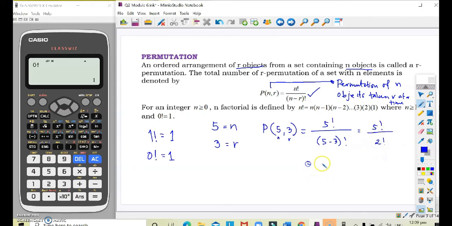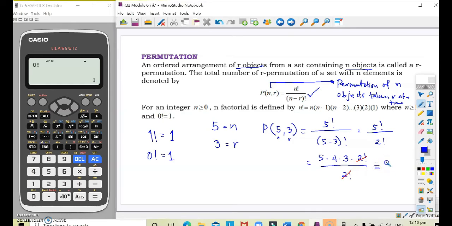If that's the case, we can simplify it further. Let's do this manually. We have 5 times 4 times 3 times 2 factorial over 2 factorial. We can cancel the 2 factorial. We know that because we discussed it when we covered evaluating factorial notation.